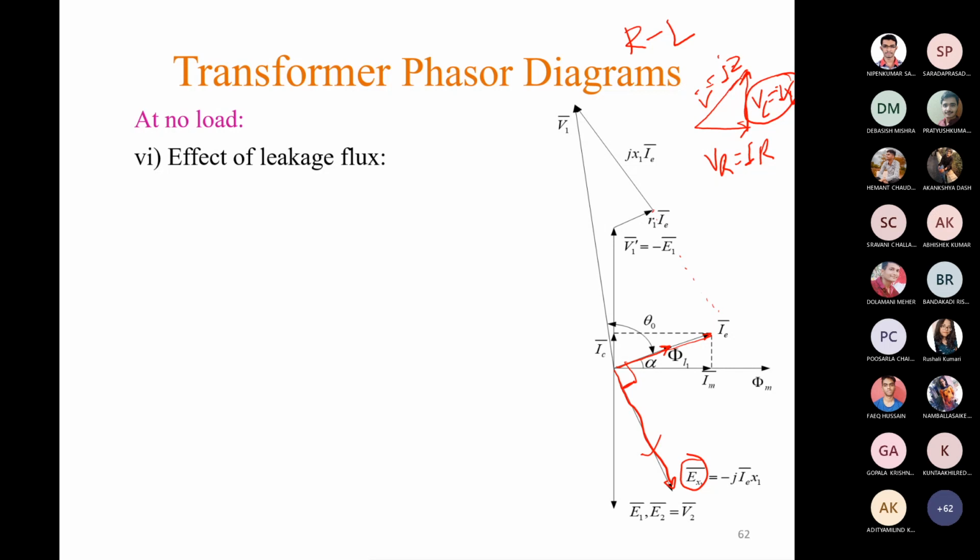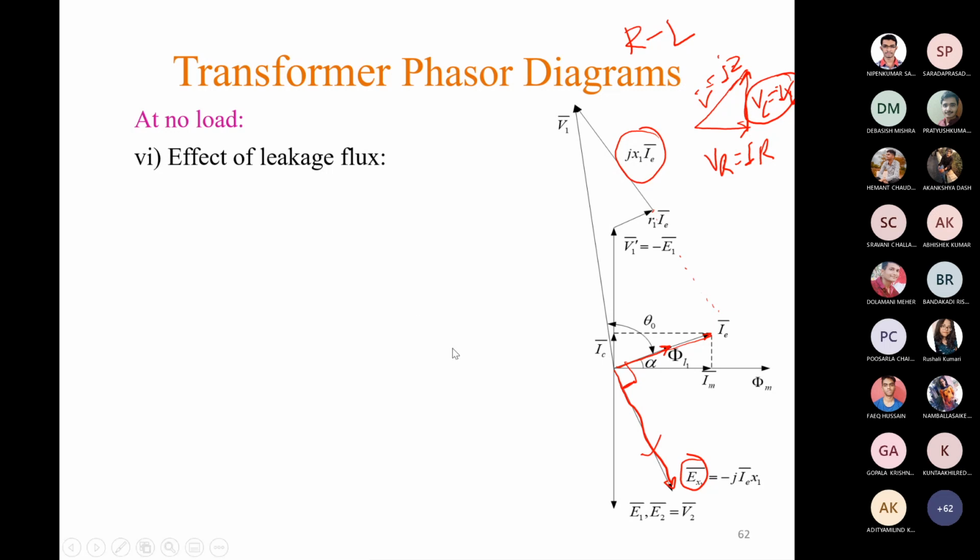So we can see from here that EX1 is in quadrature with R1 IE, so it has to be some reactive voltage drop. So we can write it as I E X1, and to add it with R1 IE to get V1 we have taken the negative. So here the reverse of EX1 is equal to jX1 IE. So this is a voltage drop. So this X1 is called the leakage reactance.